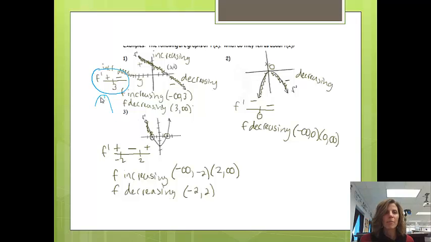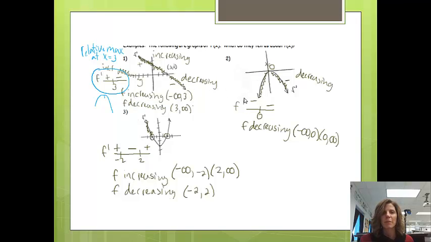So based on that, is that point a maximum or a minimum? Well, you can tell it reaches a maximum and then it comes back down. So if it's asking me for relative extrema, I can say I have a relative max at x equals 3 because it goes up and then goes back down. I don't have any minimums because the graph never goes down and then goes back up.